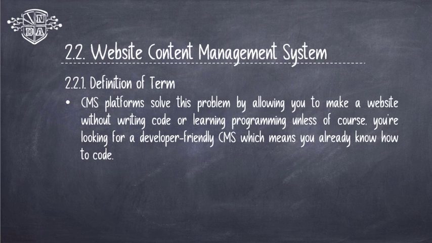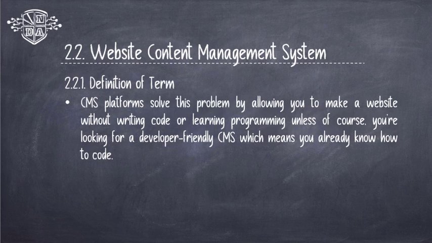Even WordPress allows you to do basic coding, usually using CSS. But even if you don't know how to code in CSS, you can still design websites in WordPress and launch them without writing a single line of code.